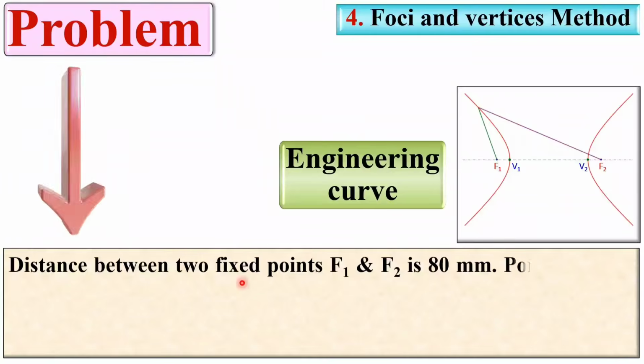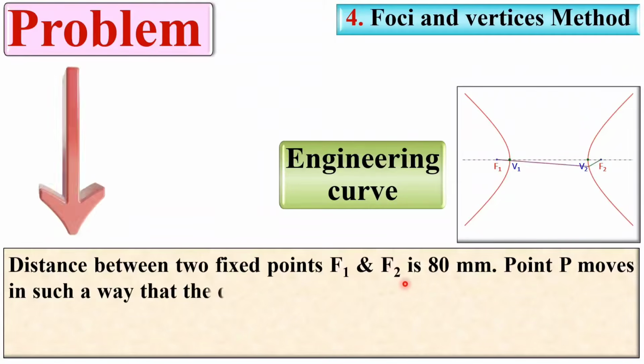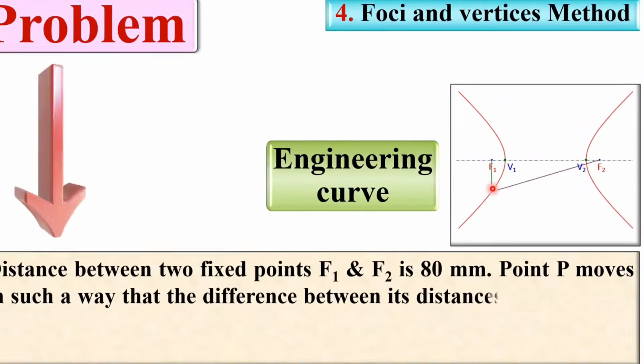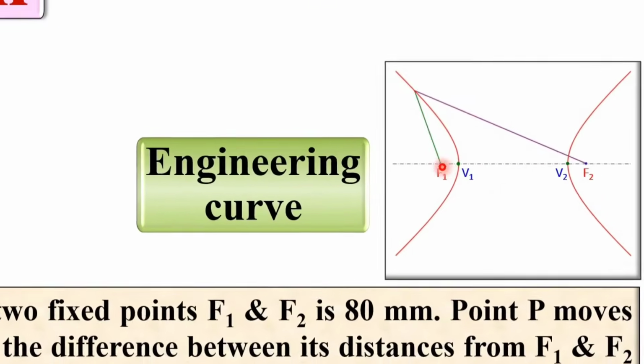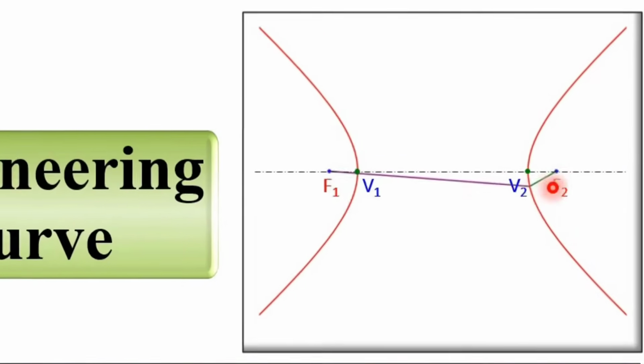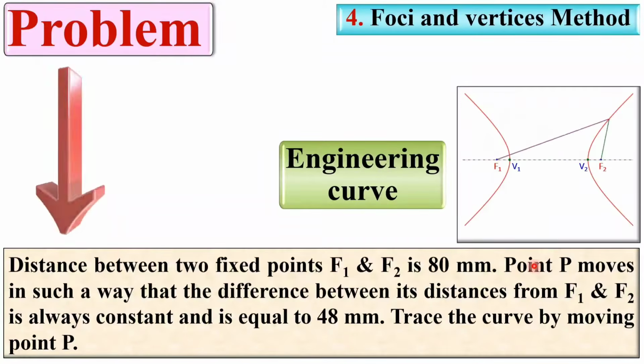The distance between two fixed points F1 and F2 is 80 mm. So here you can see in this figure the distance between F1 and F2 is 80 mm. Next, point P moves.